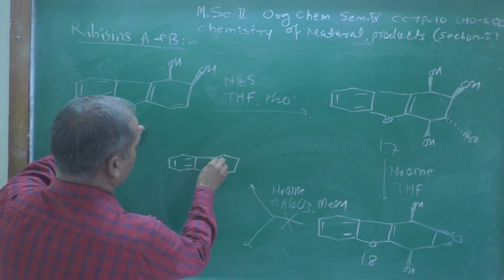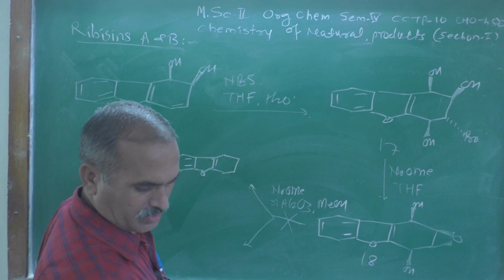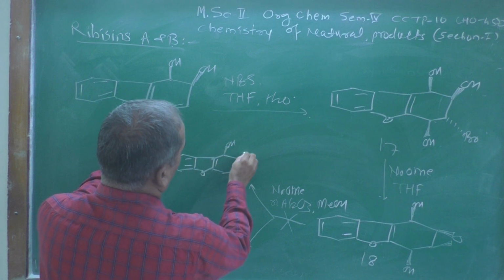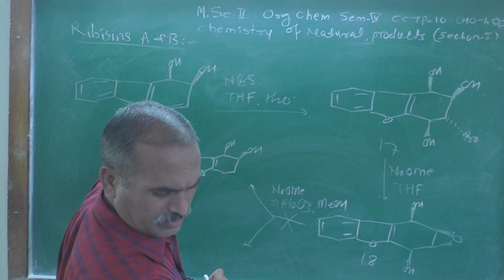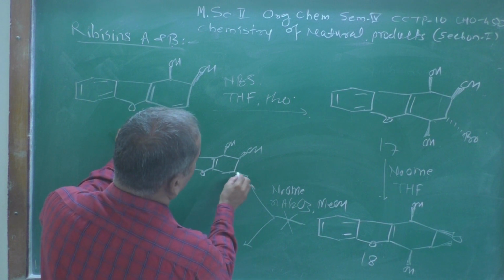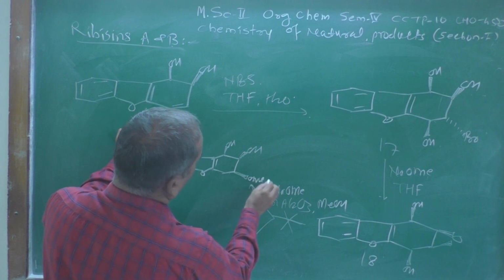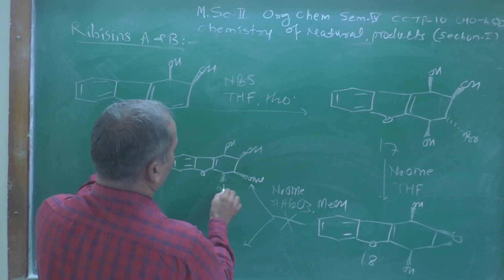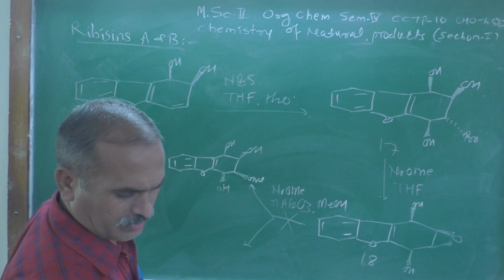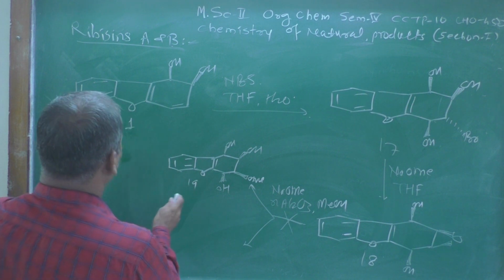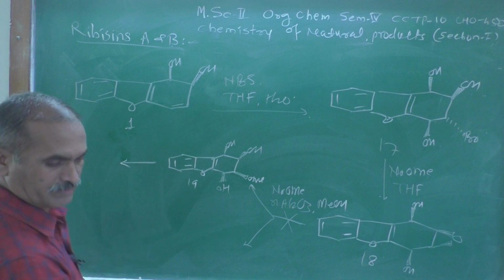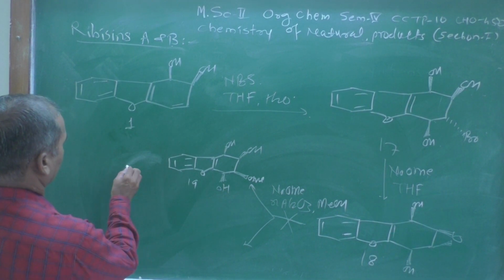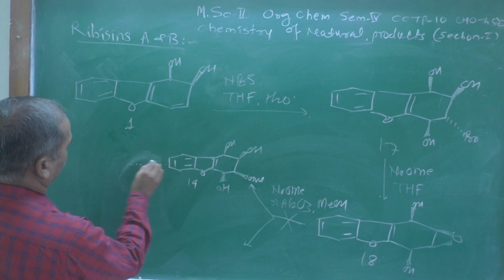This remains as it is, the double bond also as it is, here OH, here also OH, but here OMe, and this remains OH. This is structure number 19, and this structure number 19 further, as shown by this arrow, is this type of imagination.